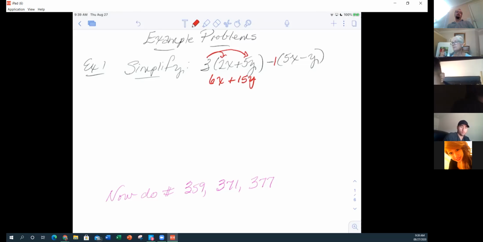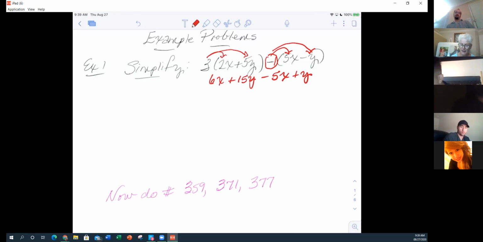So if there's no number in front, that's implied a 1. And so we're going to take this -1 and multiply it by everything inside that second group of parentheses. And -1 times 5x would be -5x, and -1 times -y would be +y.